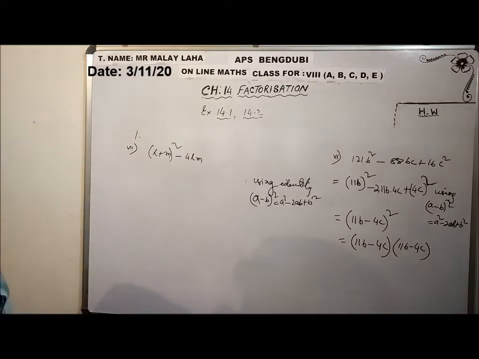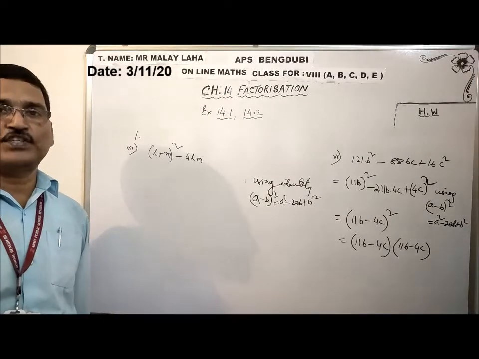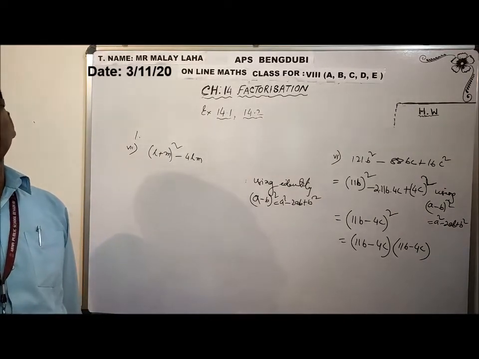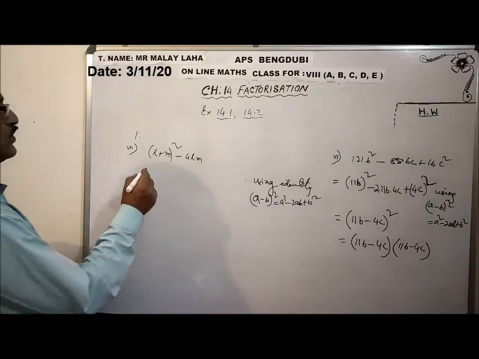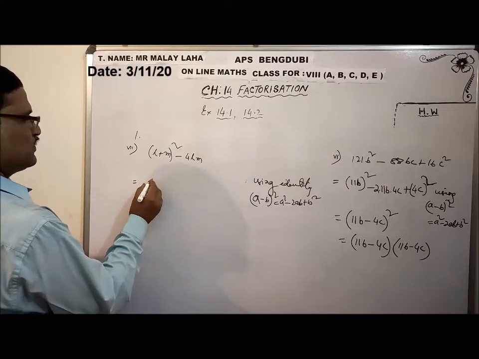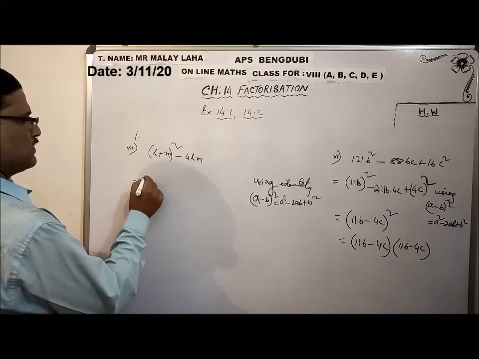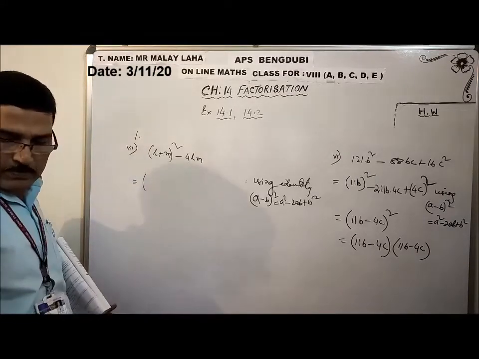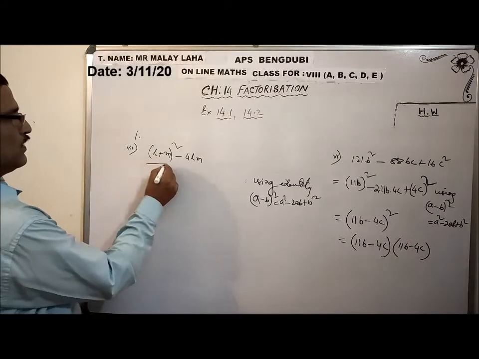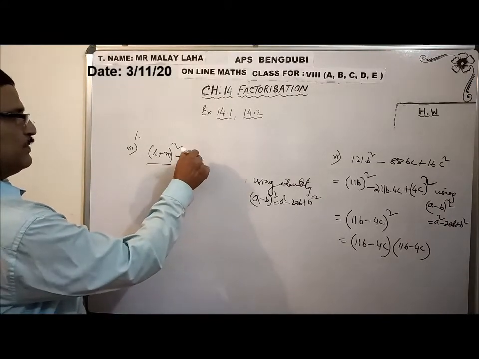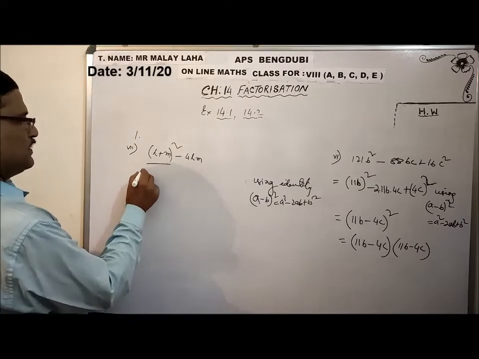Whatever hint is given in this question, in the exam you will not get a hint. Okay, you have to factorize this way. So, a plus b whole square.